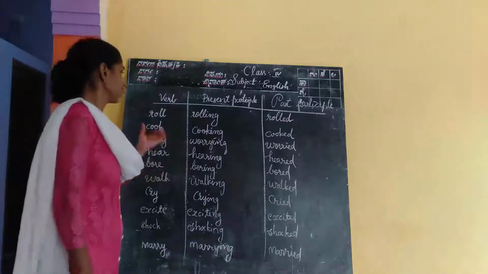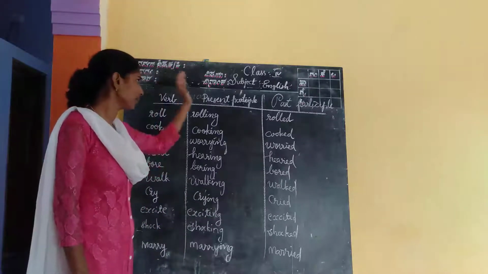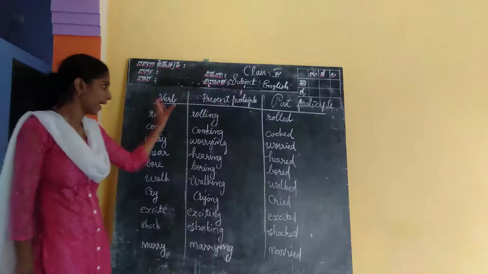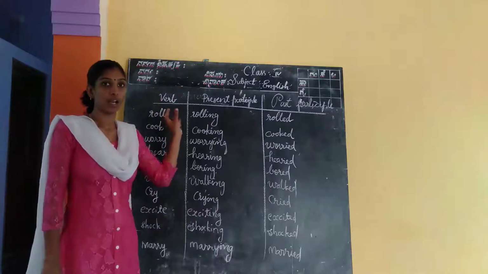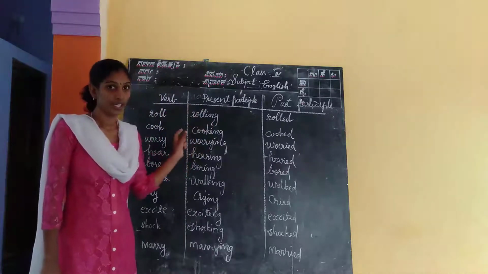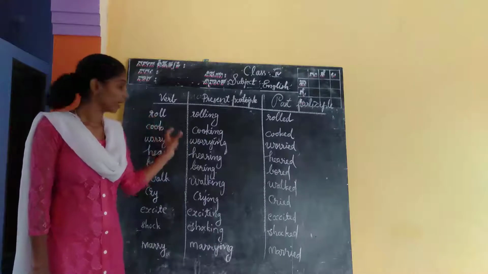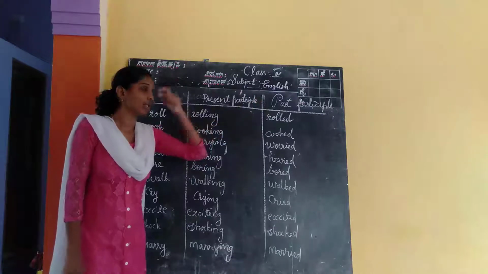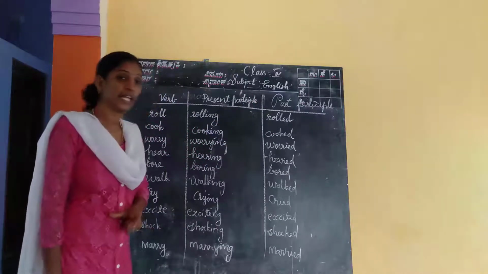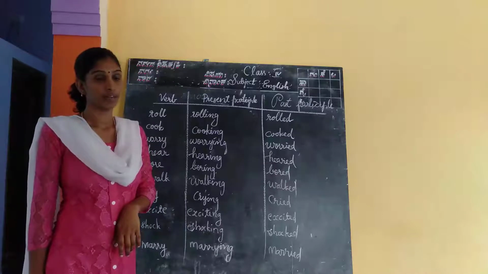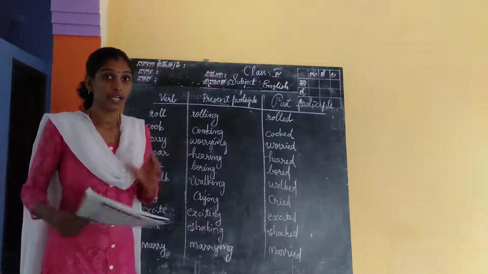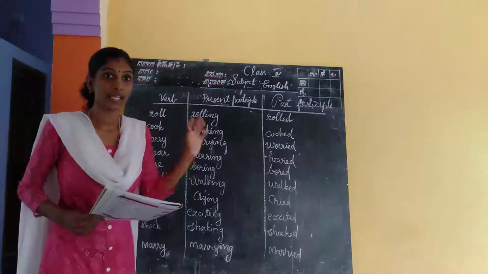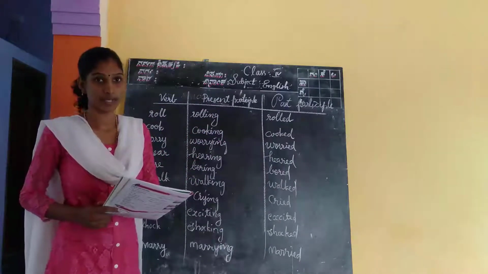Here, for forming the present participle we have added ing along with the V1 verb. Next, for making the past participle we added ed along with the V1, and we have already learned the ways to form present and past participle, right?